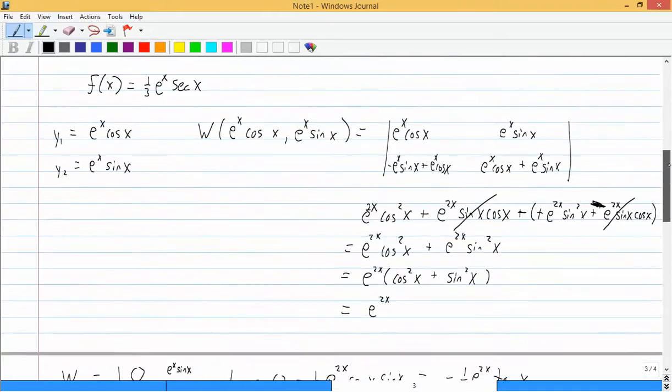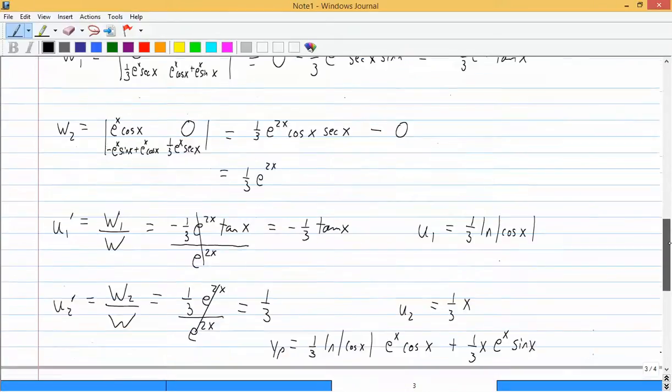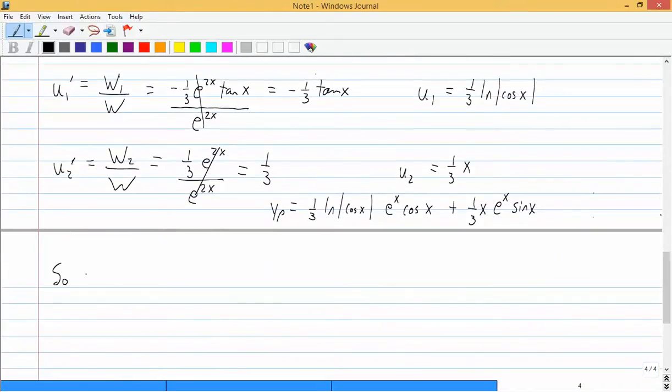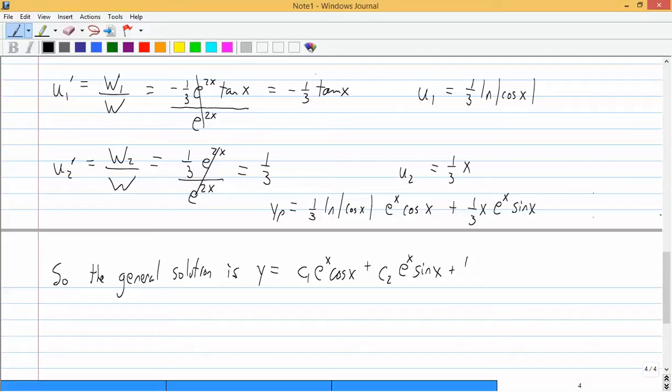Okay. So now we have calculated y sub p. First we calculated y sub c. Now we calculated y sub p. So the general solution is y equals c sub 1 e to the x cosine x plus c sub 2 e to the x sine x plus 1/3 times the natural log of the absolute value of the cosine of x times e to the x cosine x.